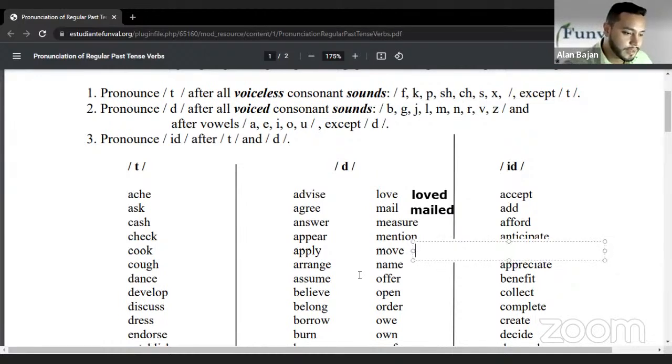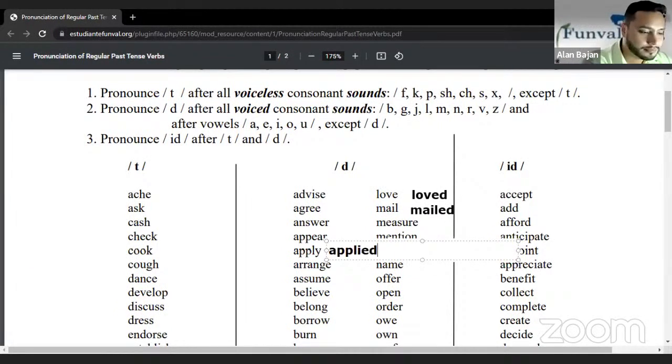Let's see, another one. Apply. What of these sounds do you consider apply ends?